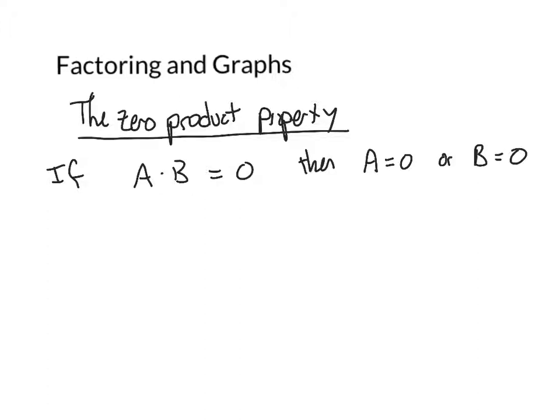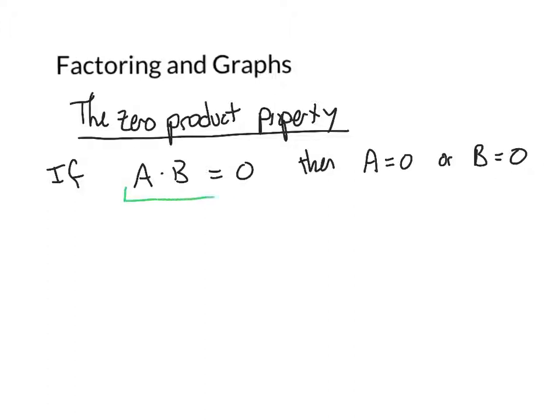So if I'm going to multiply two numbers together and the result is 0, one of those two numbers had to be 0. I can't multiply two non-zero numbers and get back to 0. This is very helpful because it tells us that writing things as multiplication can be very much to our advantage.